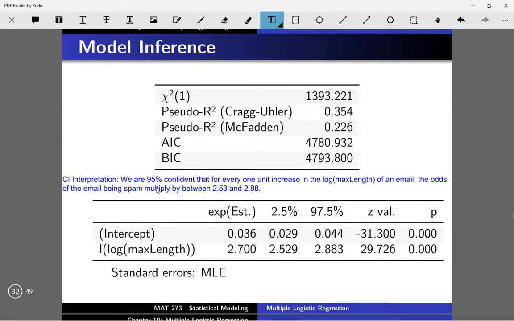So the odds of the email being spam multiply every time by about 2.5. Okay, so then if we add one more character to the longest all caps word, odds of the email being spam multiply by 2.5. If we add a second character, it multiplies by 2.5 again.